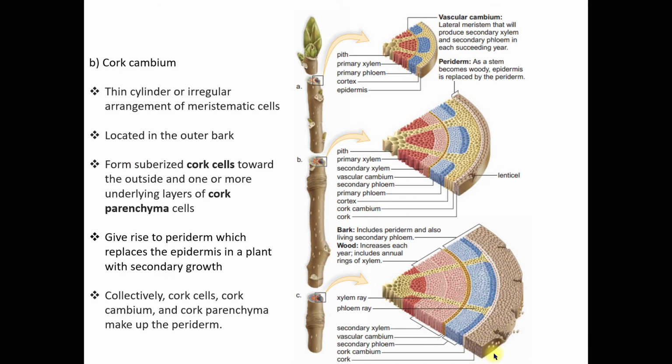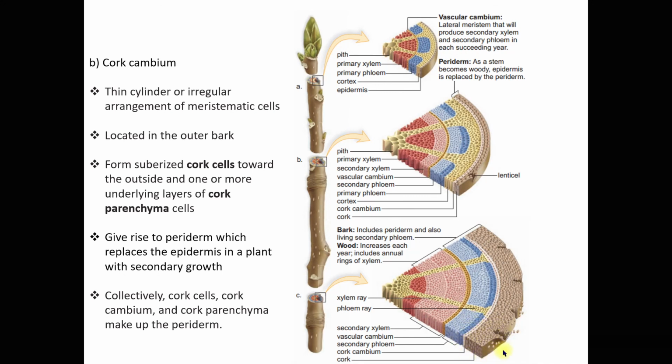Now, this cork cambium gives rise to the periderm. So this is known as the periderm, or the outer bark. This periderm replaces the epidermis in a plant with secondary growth. So any plant with secondary growth does not have epidermis.